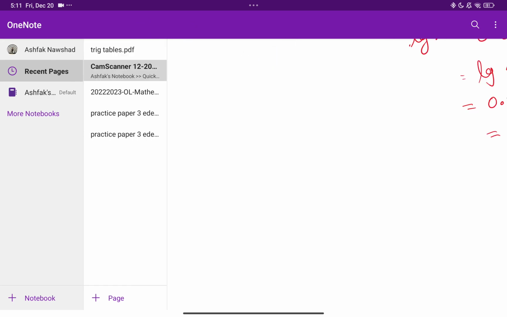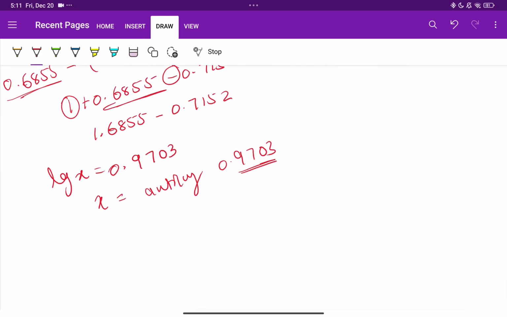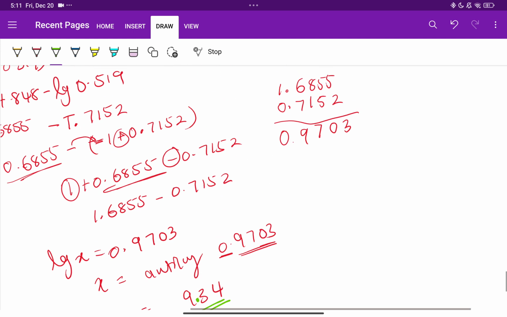So 93.4, and then the characteristic is 0, which means the decimal should be in between the first and second digits. Okay, so the value of x is 9.34.